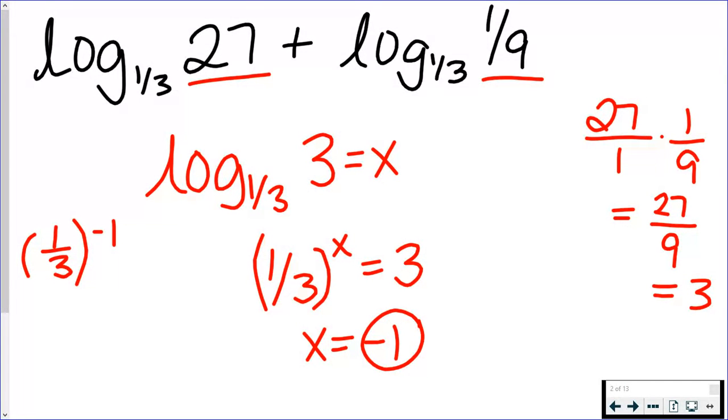Now, if I apply the negative exponent, that 1/3 becomes 3/1. Once you apply the negative exponent, the exponent is now a positive 1. Now it's just 3/1 to the first power, which is equal to 3, which is what we wanted. So to go from 1/3 to 3, 1/3 would be raised to the negative 1 power.